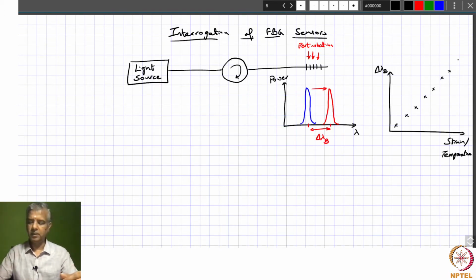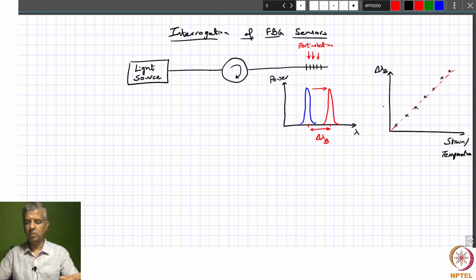And the interesting thing about this is actually a fairly linear relationship. So you get to see a very nice repeatable sort of relationship, and that actually makes it a very good sensor, because calibrating this is just a matter of telling what the slope of this is going to be. You just work that out.